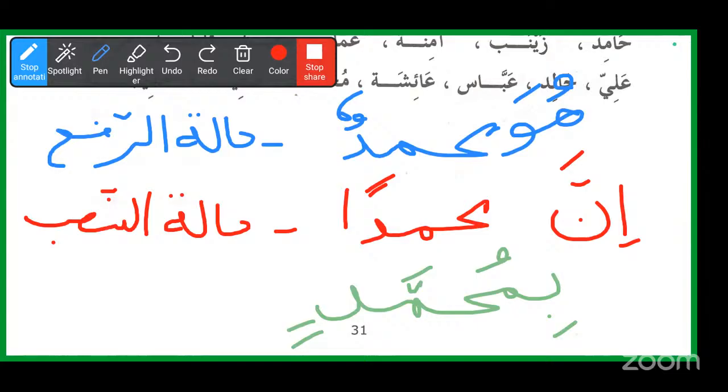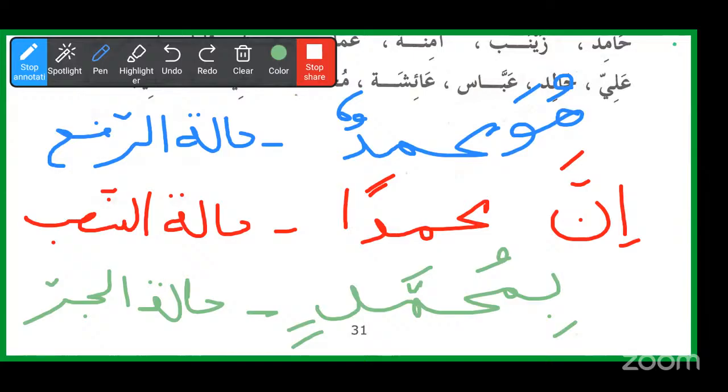Now the other one, inna Muhammadan. This is halatul nasab, which is inna or anna. I will tell you the detail about the halat.